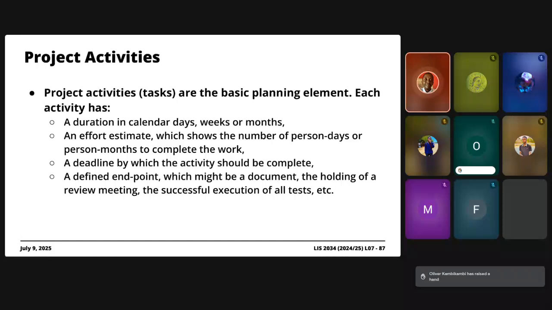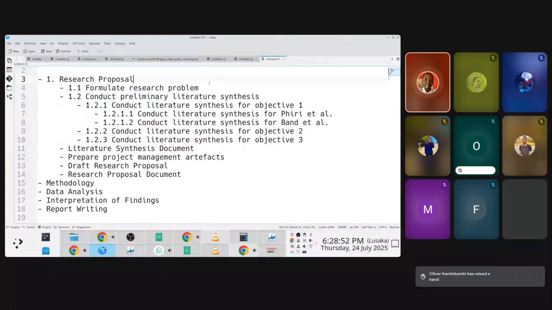And more importantly here, an activity must have a defined endpoint. In other words, there must be an output. There must be something that results from an activity. It's like when you are formulating research problems, what is going to come out of here? When you draft your research proposal, what's going to come out of here?